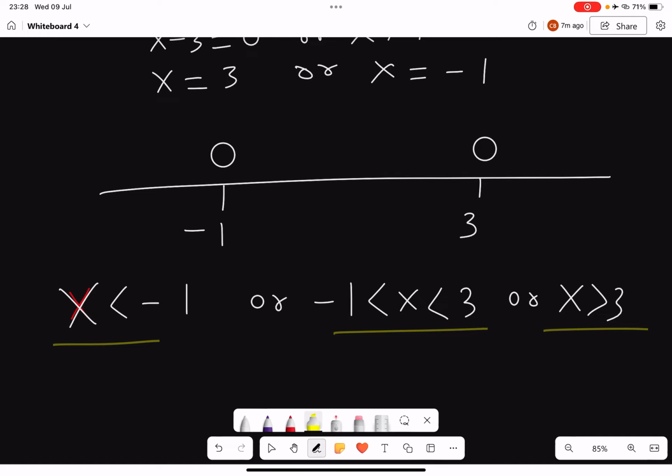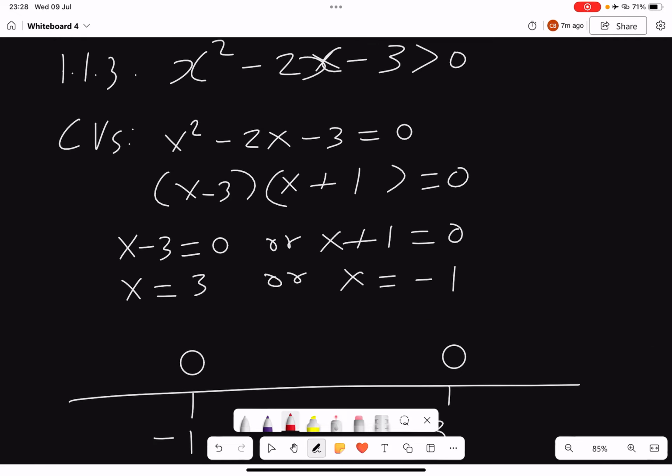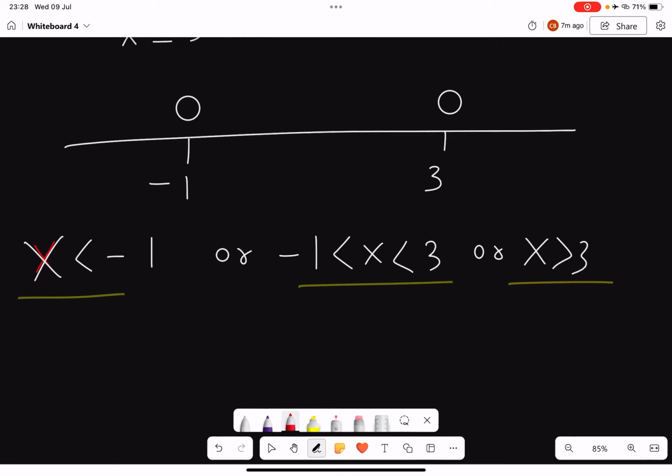So for example, let's pick any x value less than -1. Here I'm going to pick x = -2 and substitute it into our equation. So I'm going to have -2 squared, -2(-2), -3.